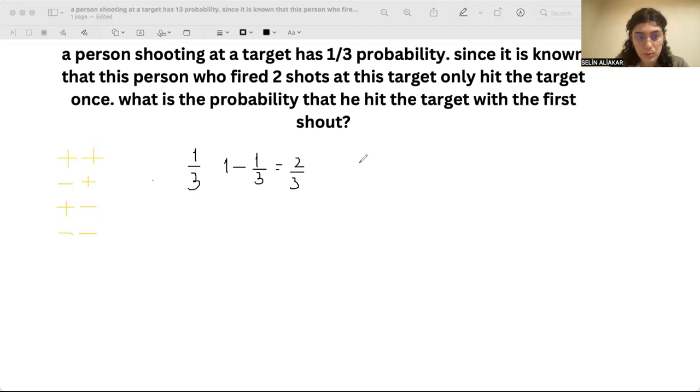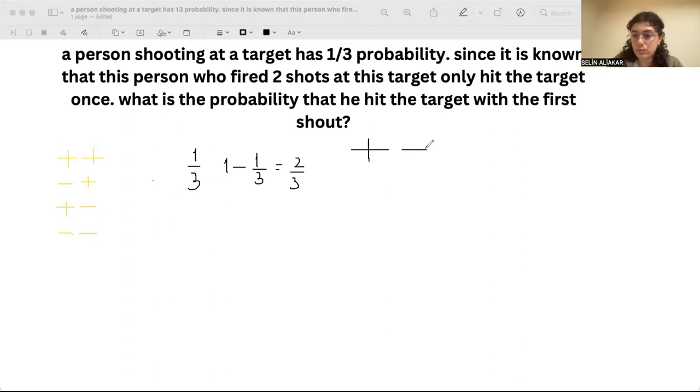So the probability should be hits the first shot and miss the second shot. And there is actually a connection between these two events, so we have to multiply them.